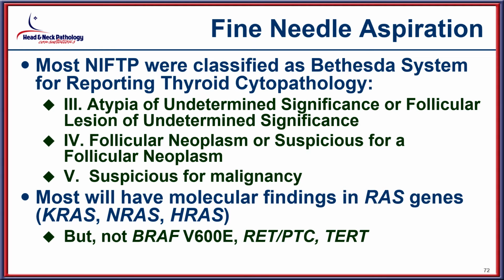Okay, what are we going to do about fine needle aspiration? Well, the Bethesda system, as you know, has a whole series of different categories. Bethesda 3 is the one in which this particular tumor is most likely to appear, sometimes in the follicular neoplasm or suspicious for follicular neoplasm category 4, and there will be a strong association with the molecular findings.